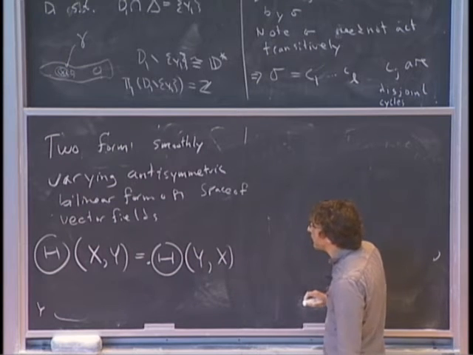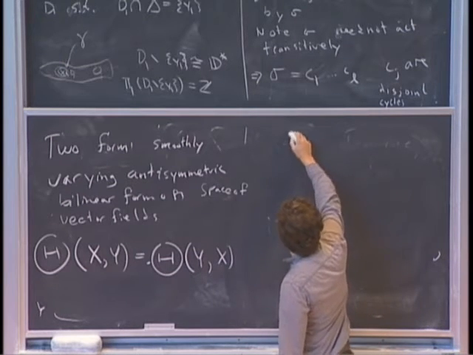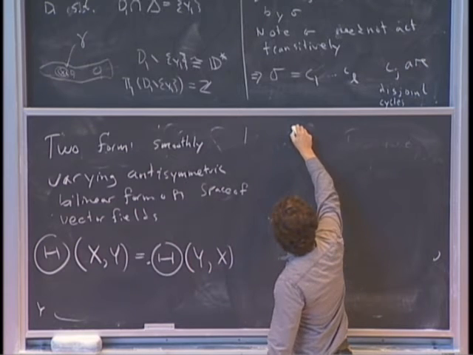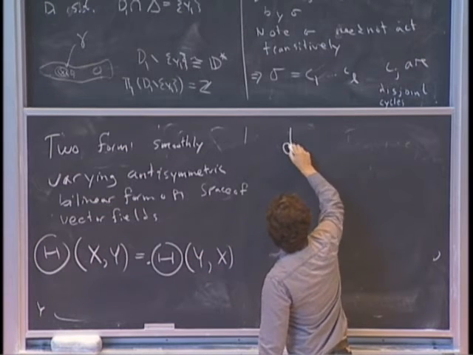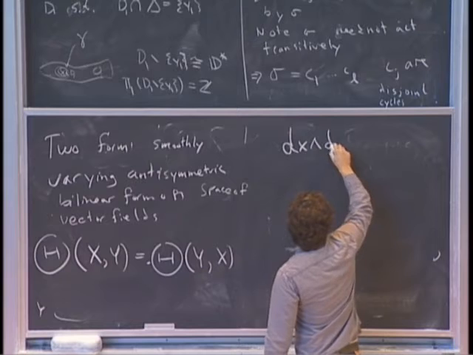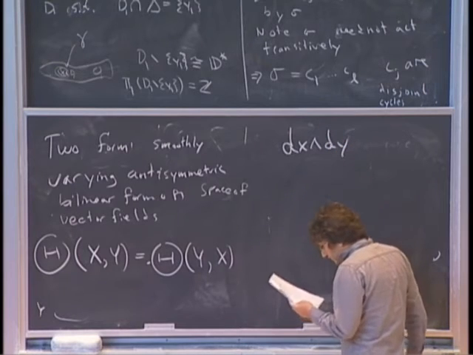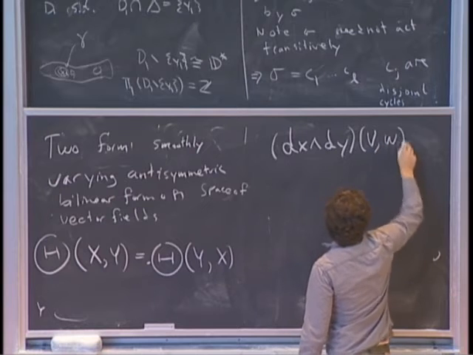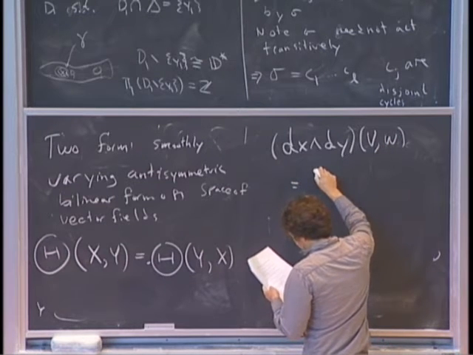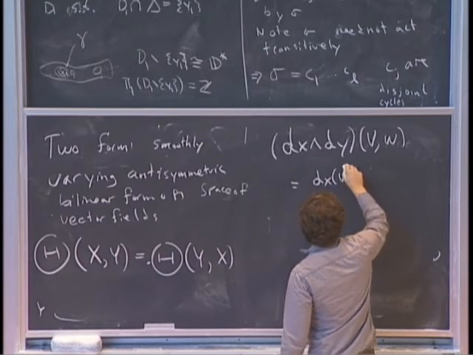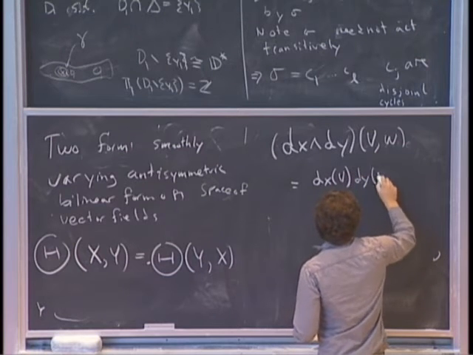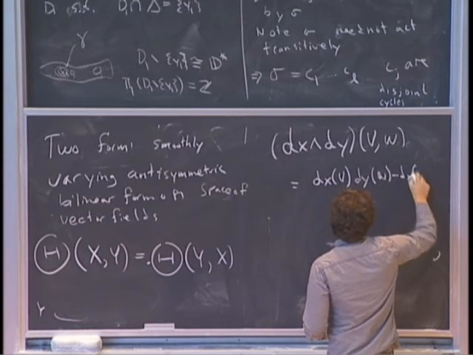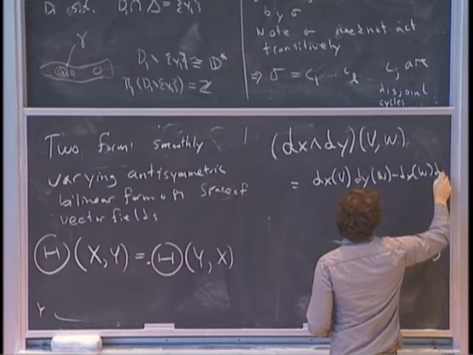But if you work things out, it's pretty easy to see that the standard primitive element coming from the coordinates is to consider the element dx wedge dy, which acts on v and w by taking dx of v times dy of w minus dx of w times dy of v.